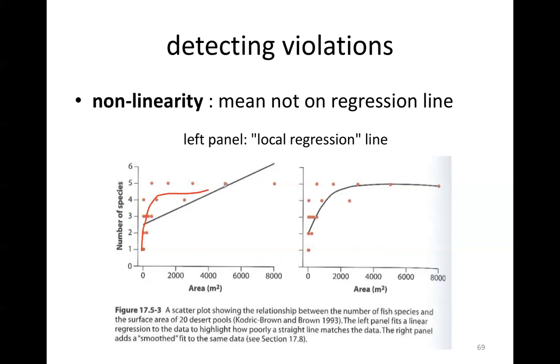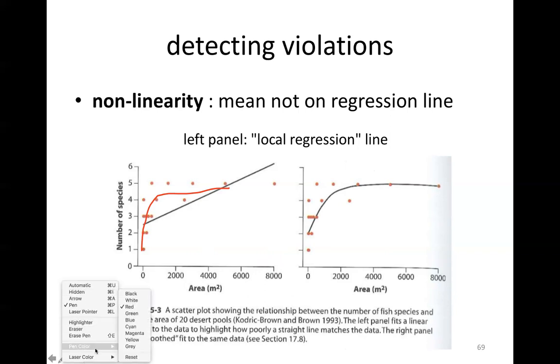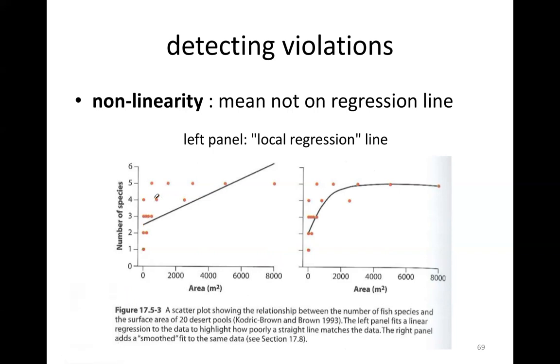In fact, if you added a nonlinear regression smooth, with the different regression functions that are nonlinear that you could use there, you could find such a relationship, which explains the data pretty well. Also called local regression, because it divides the data along the x-axis and then performs local small regressions and then joins them.